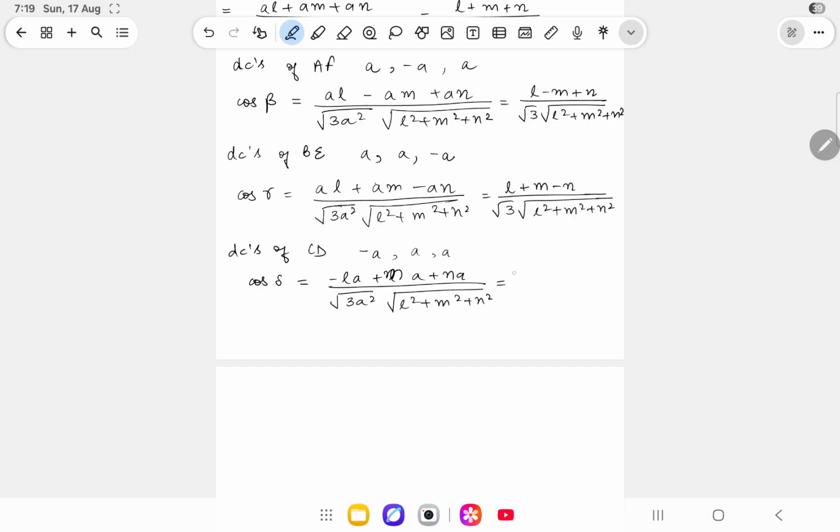On simplifying we'll get minus L plus M plus N upon under root 3 under root L square plus M square plus N square.